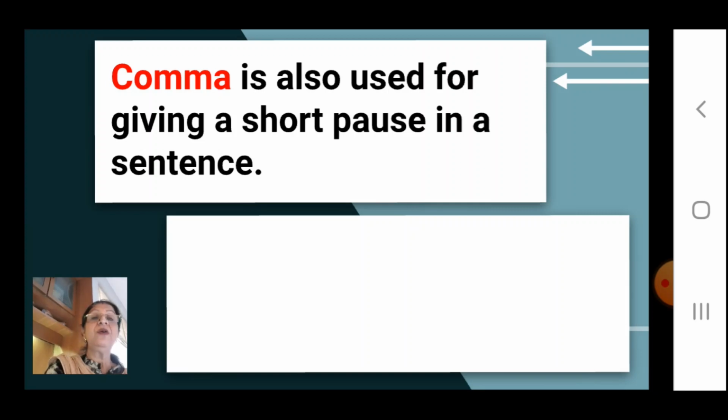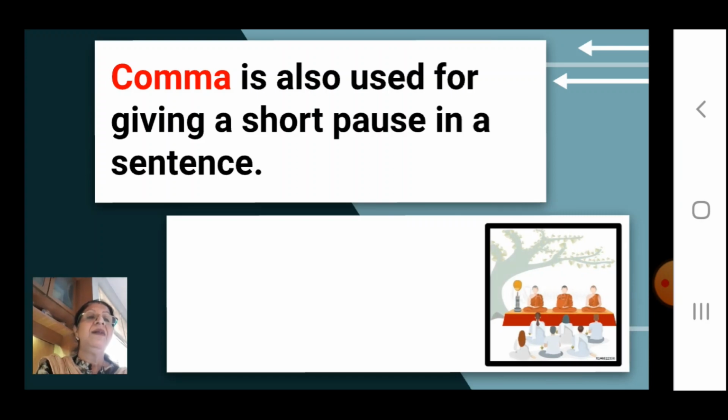Again, where do we put comma? Comma, C-O-M-M-A, is used for giving a short pause in a sentence.